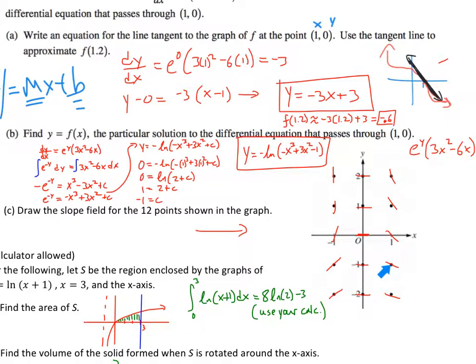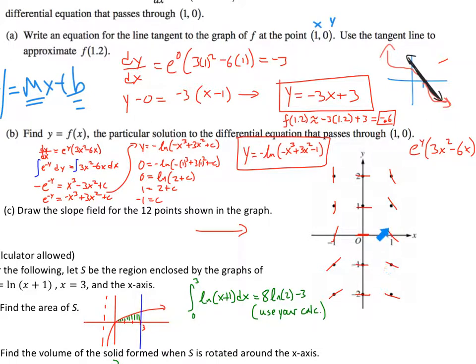Well, when x is 1, this comes out to be -3, and then when y is -1, we get e to the -1. Well, that's like 1 over e, which is 1 over 2.7, and 1 over 2.7 times -3 gives us about -1. So this should have a slope of -1.